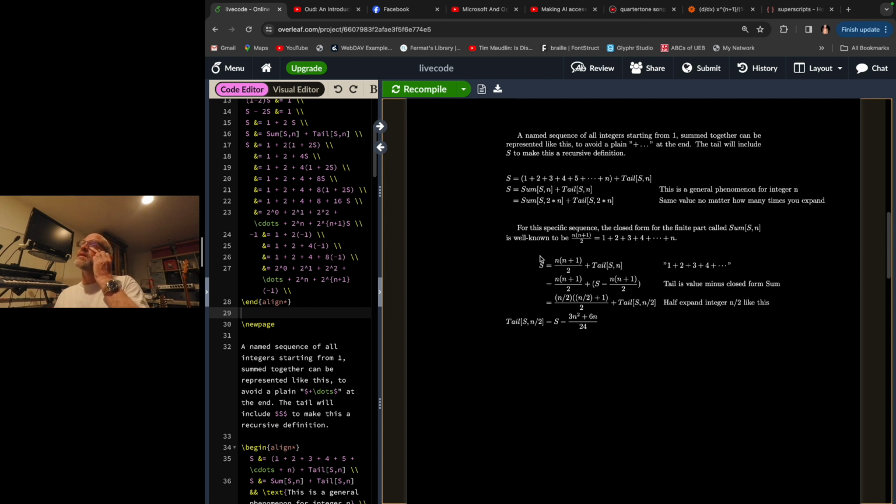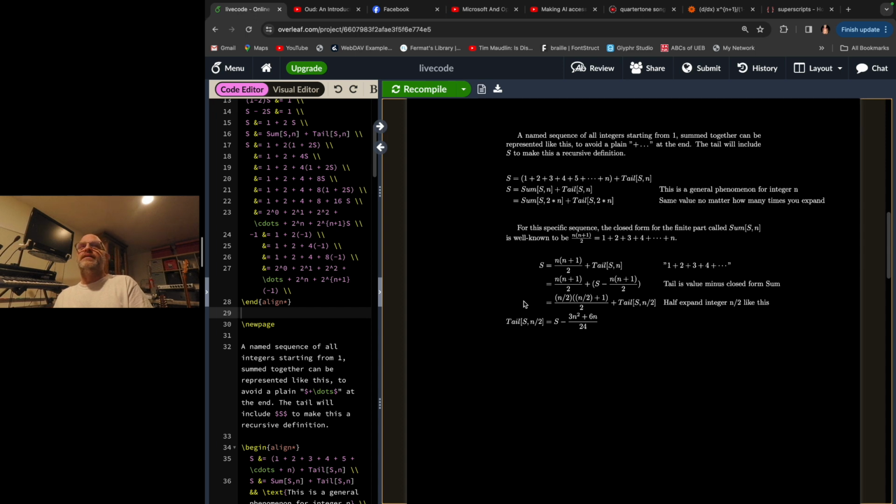So the interesting thing about 1 plus 2 plus 3 plus 4 plus 5, even though the infinite derivation is really, really hard and dastardly, it's not too hard for the finite case. For the finite case, most people already know that n times n plus 1 divided by 2 gives you 1 plus 2 plus 3, blah, blah, blah, up to n, right?